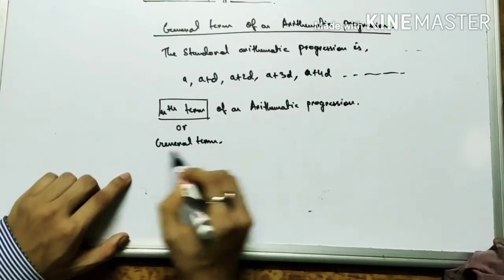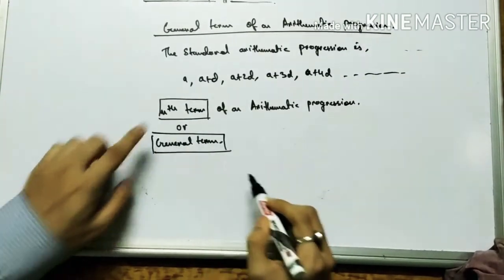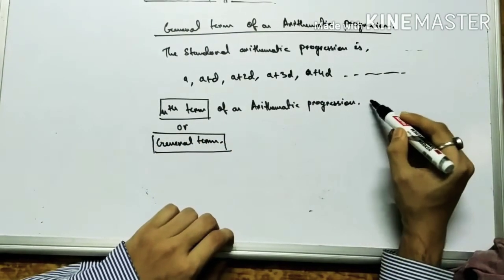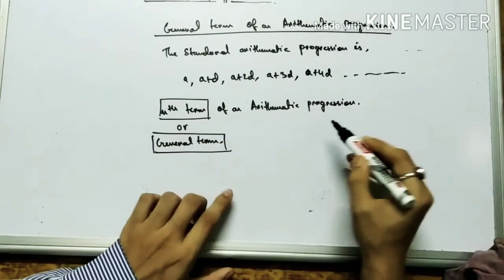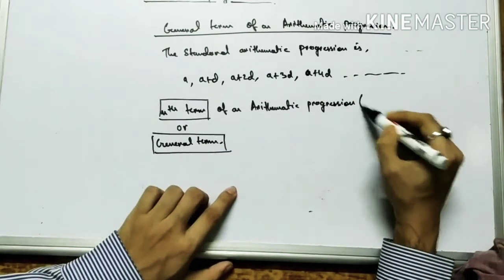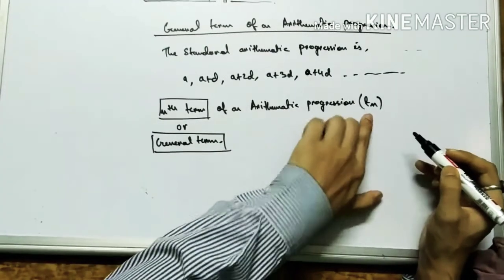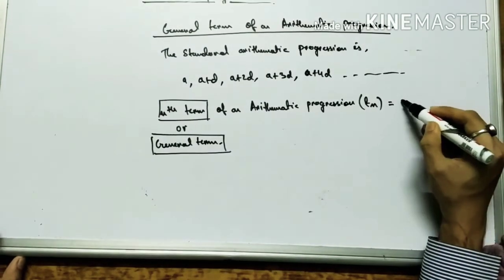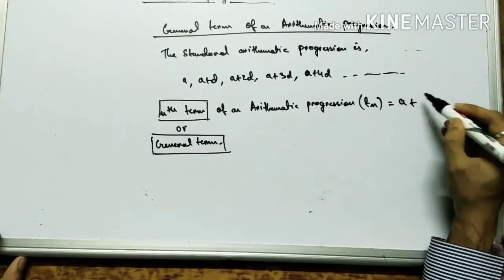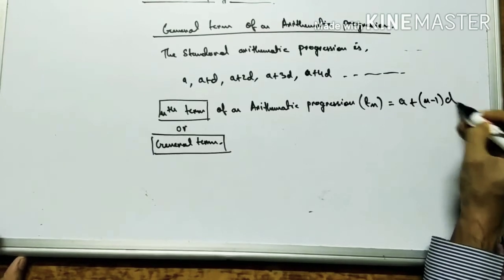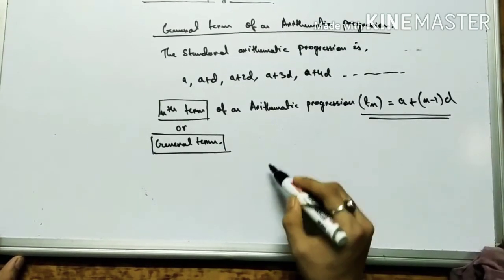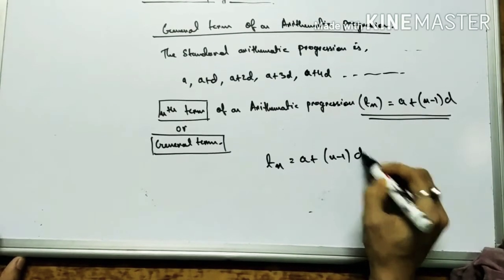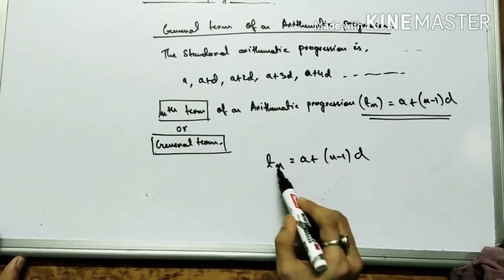The nth term or the general term of an arithmetic progression, expressed as Tn, is equal to a, the first term, plus n minus 1 d. This is your formula. Let me write it nicely: Tn is equal to a plus n minus 1 d. This is called the nth term.